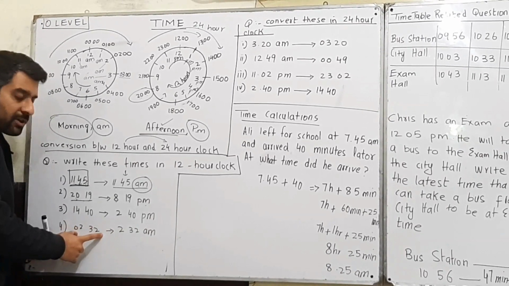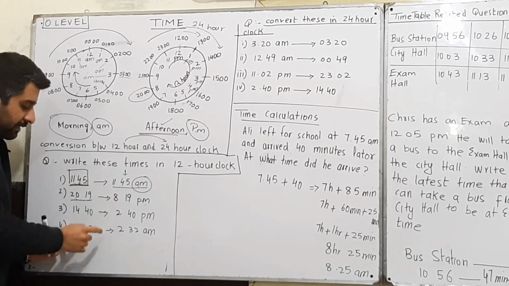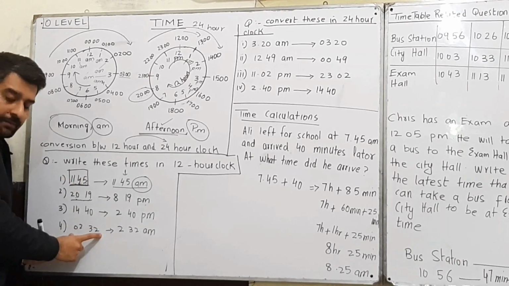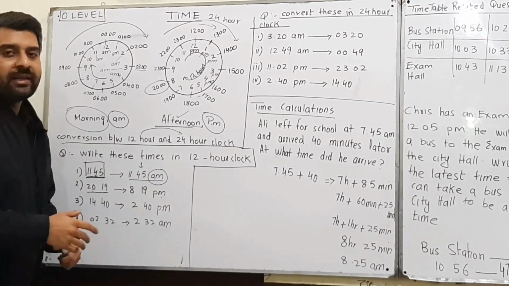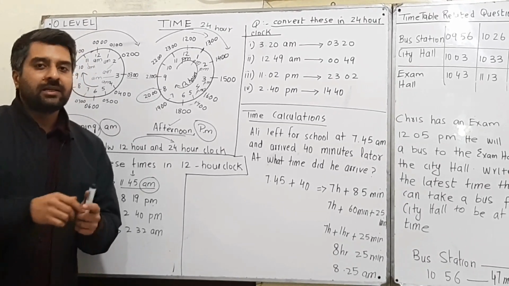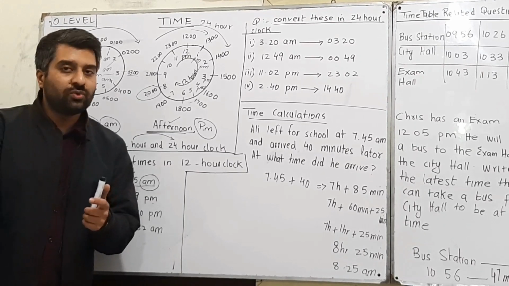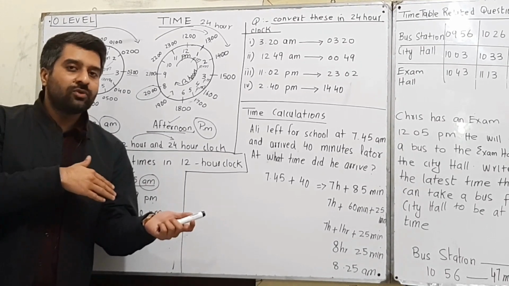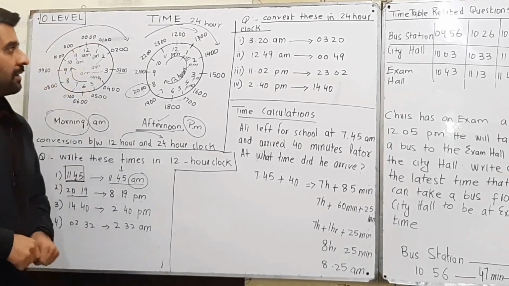In 24-hour clock, if we are before 12, then we are in morning time, so it is 2:32 AM. And if the time is 13 something, 14 something, that is more than 12, then it is certain that I am in afternoon time. So before 12 in 24-hour clock is morning time, and after 12 is afternoon time.